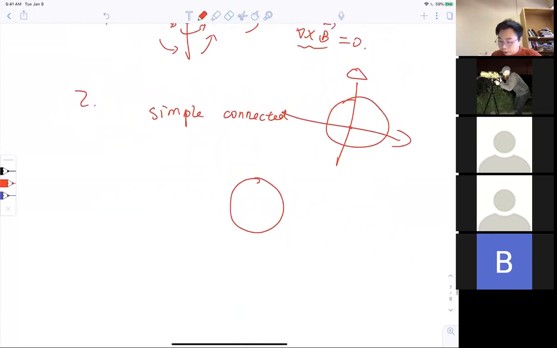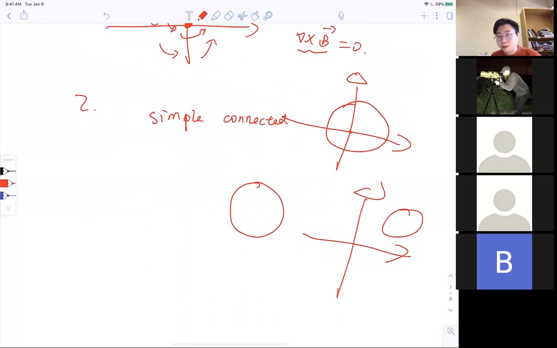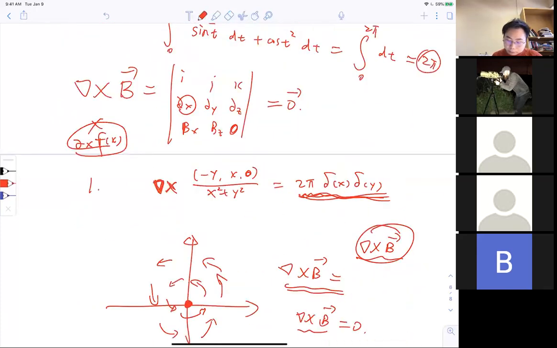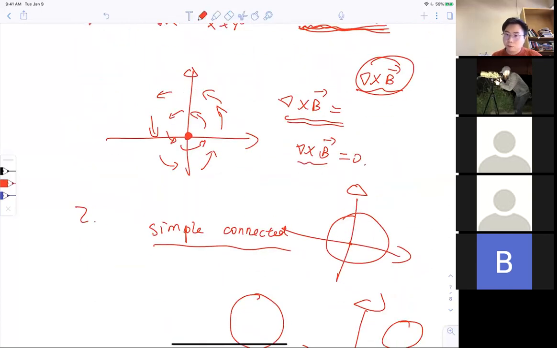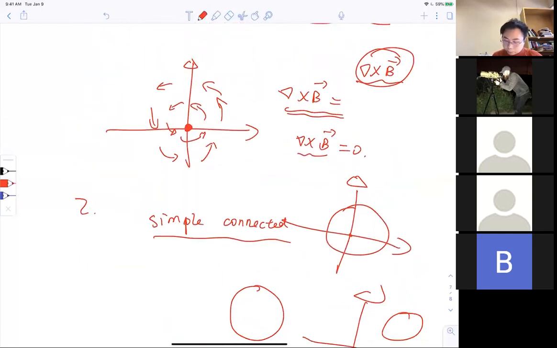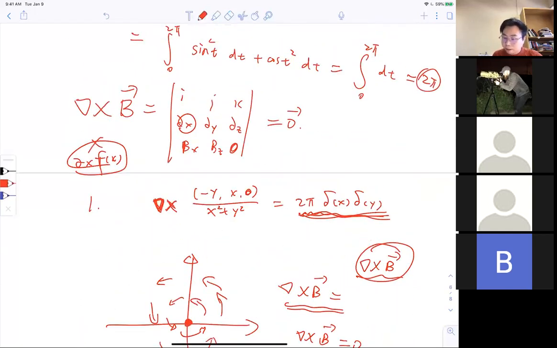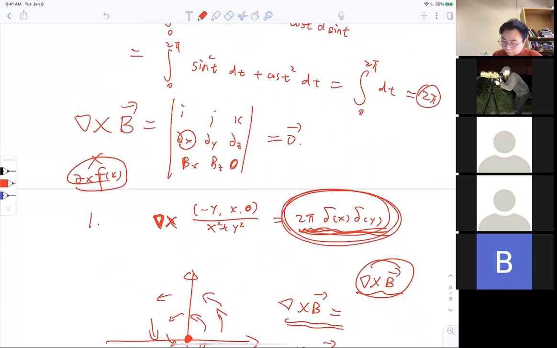If there's no singularity, you're free to shrink the loop to a point. This is what we mean by simply connected. So people usually say Stokes theorem only applies when the region is simply connected. But if you really understand it, you can restore the delta function you lost when you do the curl calculation, and then it works for all regions.